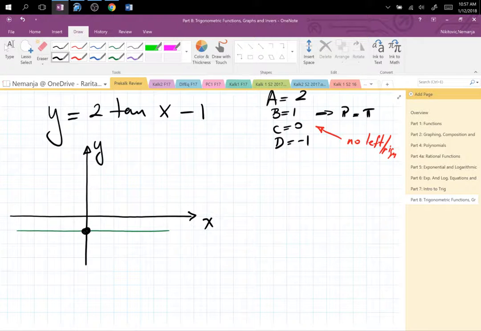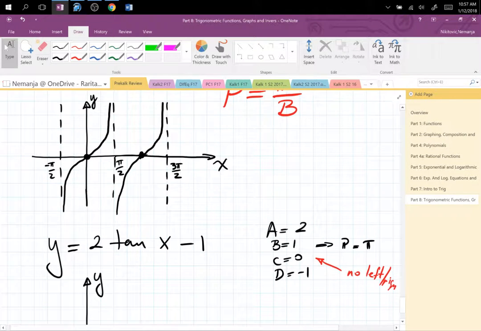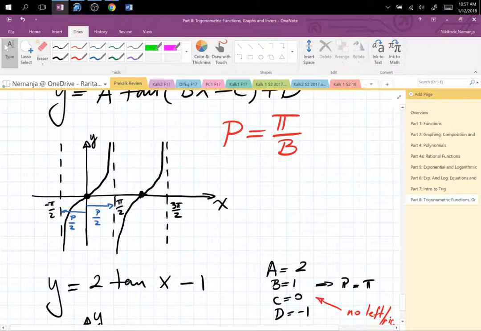The period is pi, and as you can see over here, you have the period divided by 2 on one side and the period divided by 2 on the other side. Because the basic period of the tangent graph is pi, and you see the asymptotes at pi over 2 on either side.